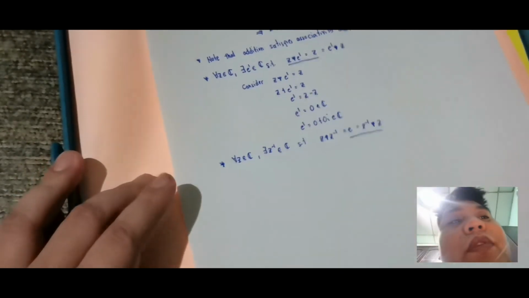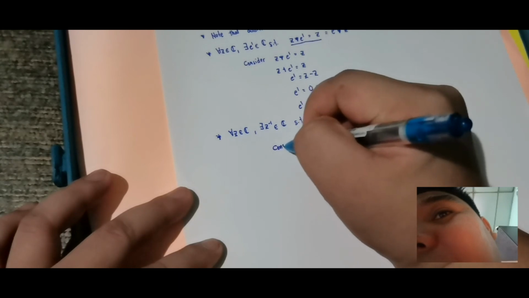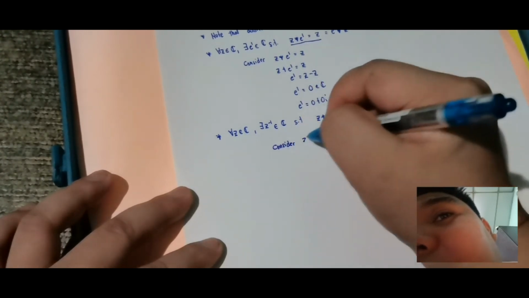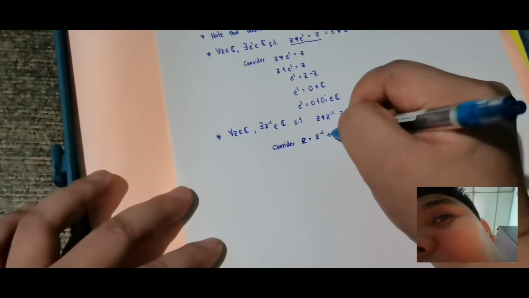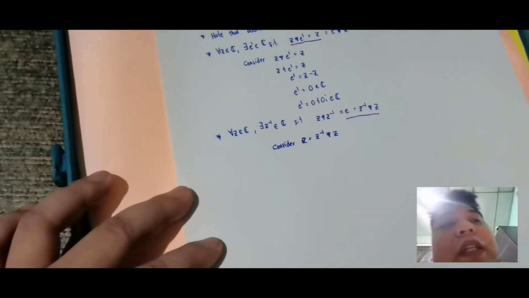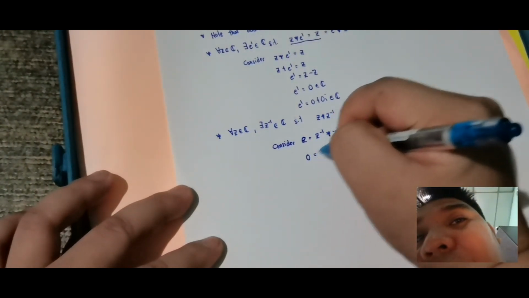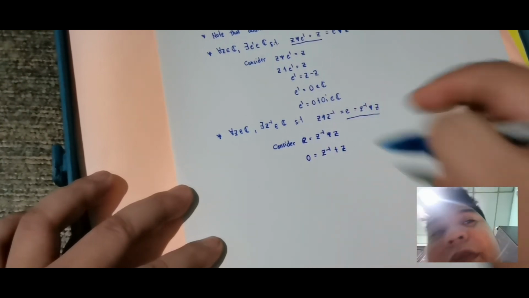So consider si e is equal to z inverse asterisk z. Note that yung e natin is 0. Okay, which is equal to z inverse plus z. Okay?